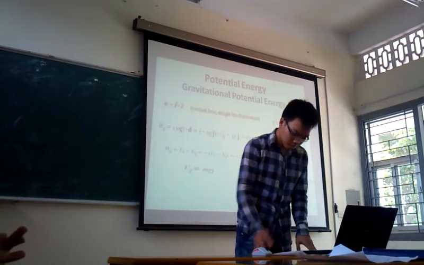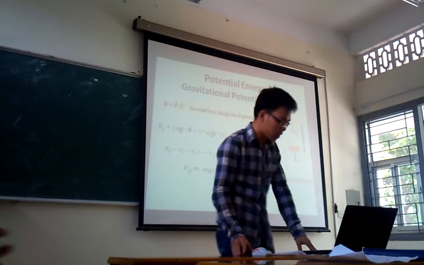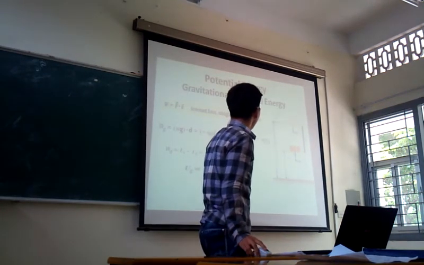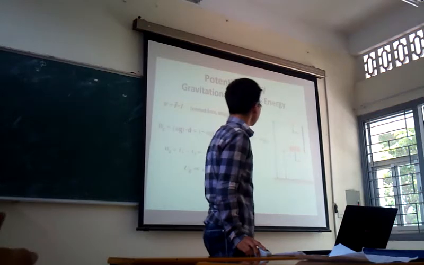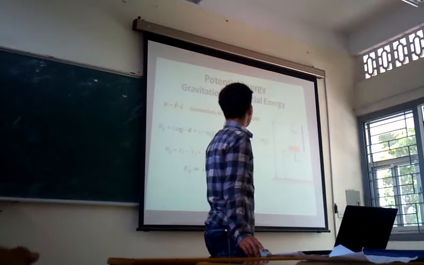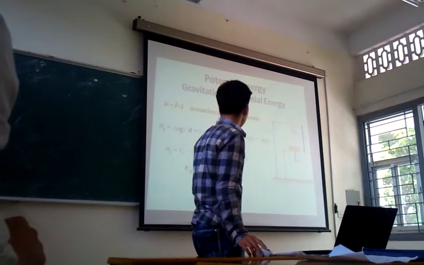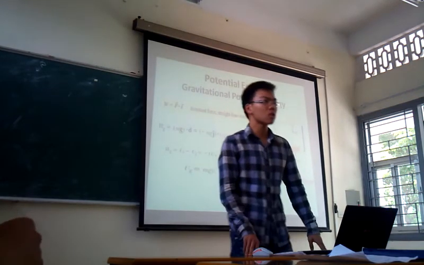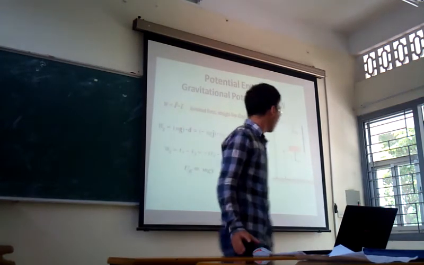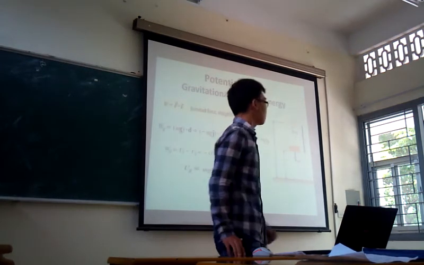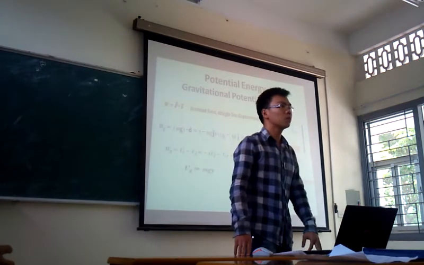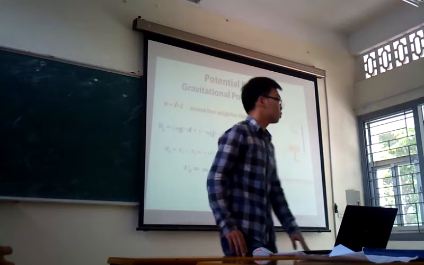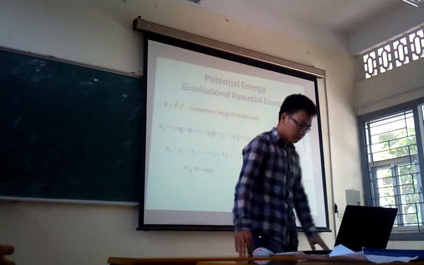Because if we are increasing the potential energy, we have the minus here. It's very necessary for you, because many students make mistakes when applying this form to exercises, so you should choose carefully when you apply it.